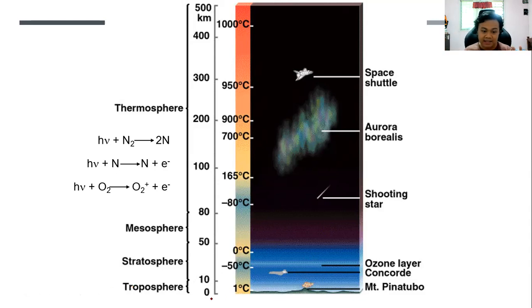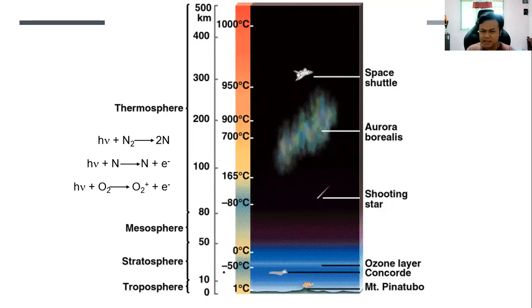It extends from sea level up to 10 kilometers above. This layer of the atmosphere is where all weather conditions happen. If there is a storm, rain, whatever weather conditions, they all happen in the troposphere.